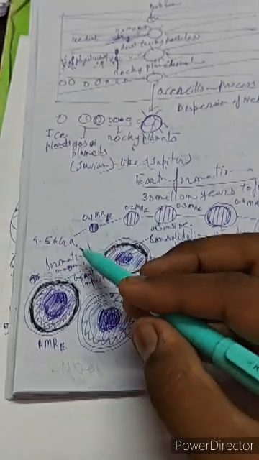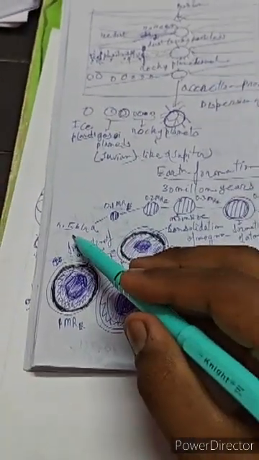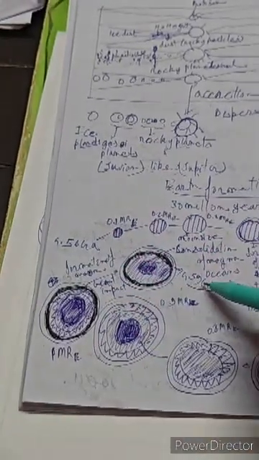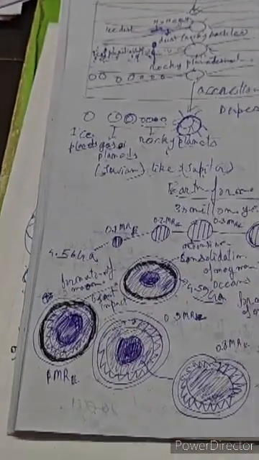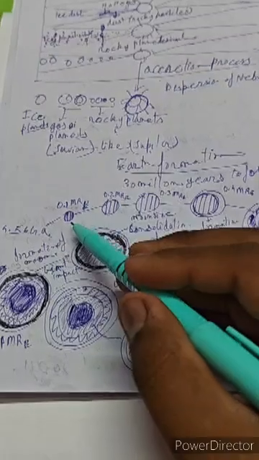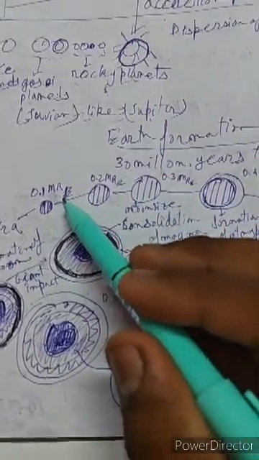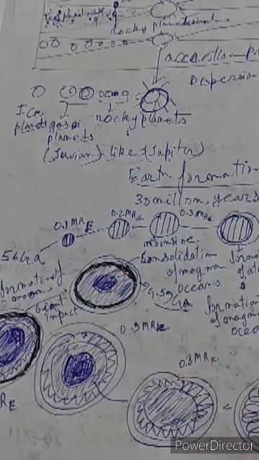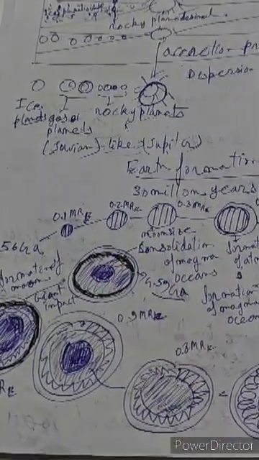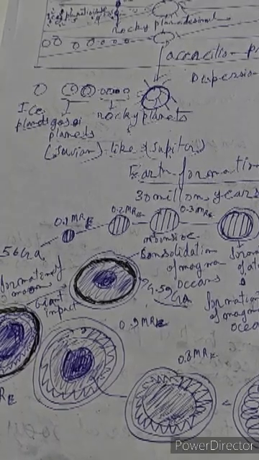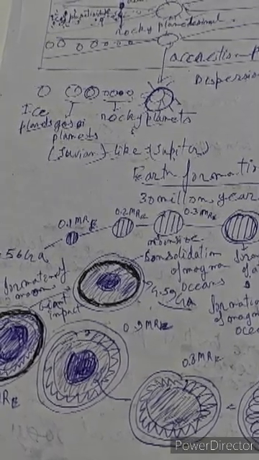It takes 30 million years to form Earth, from 4.56 Ga to 4.59 Ga. Here MRE is the mean Earth radius, which is nearly equal to 6371 km.